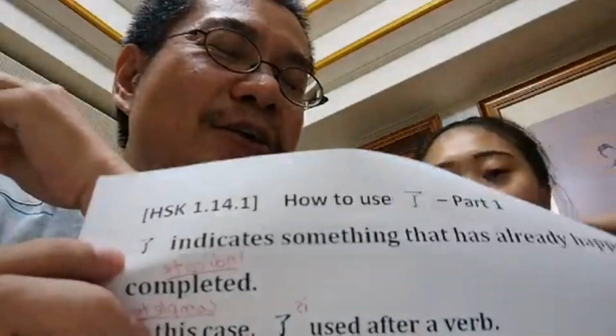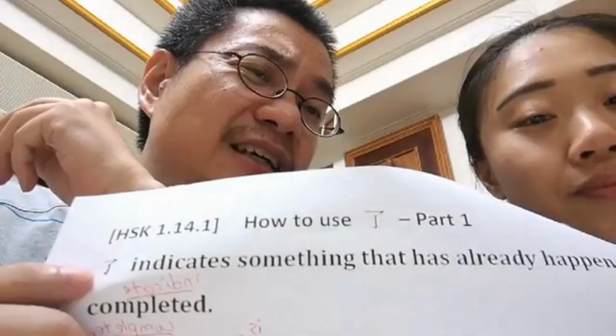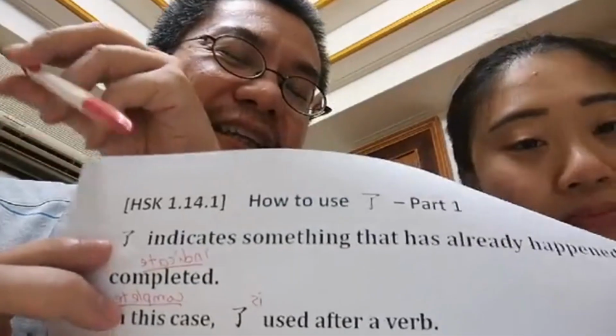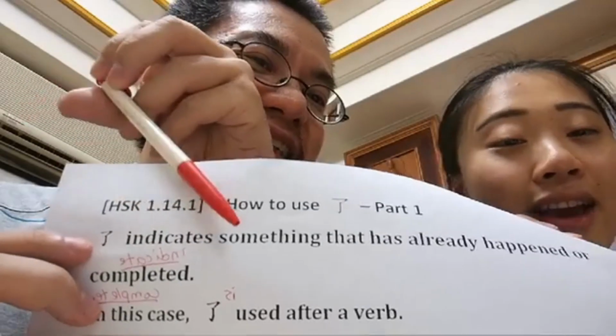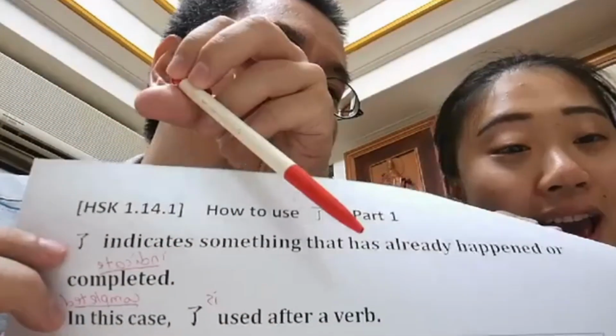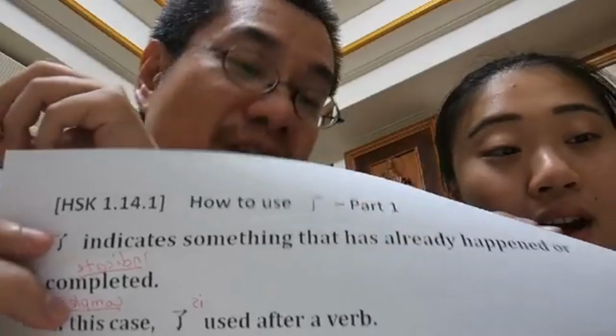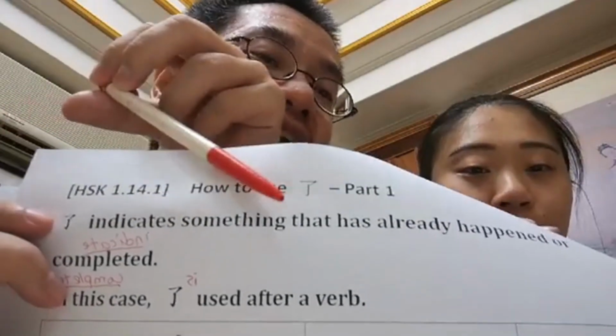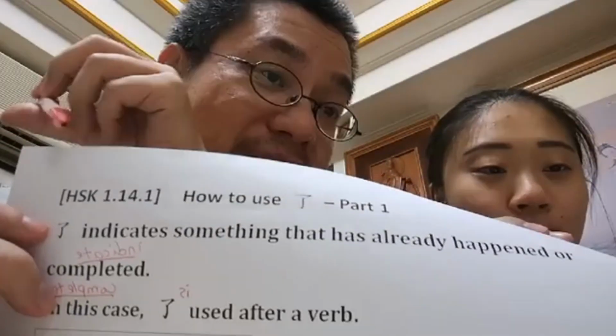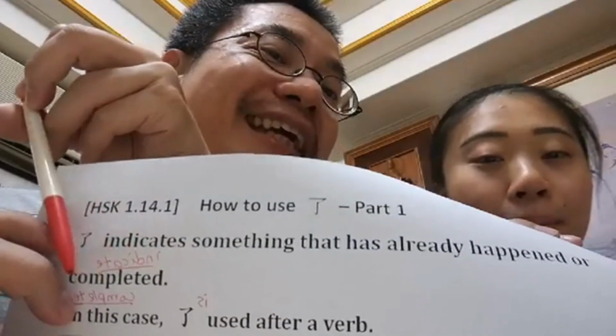Okay, so what is le? Let us tell you. Le indicates something that has already happened. When you use le, that means this action or something has already happened or completed.